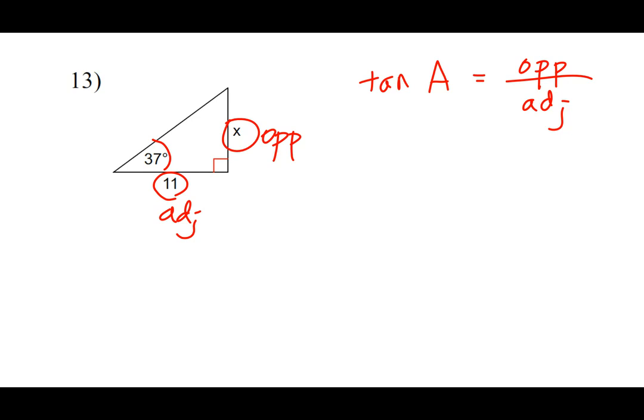So if you want to change the angle, well, which one's an angle? The one that has a little circle with the degree symbol. Tangent always has to be with an angle. Tangent cannot stand by itself. So tangent of 37 is opposite, and we figured out opposite must be the x.